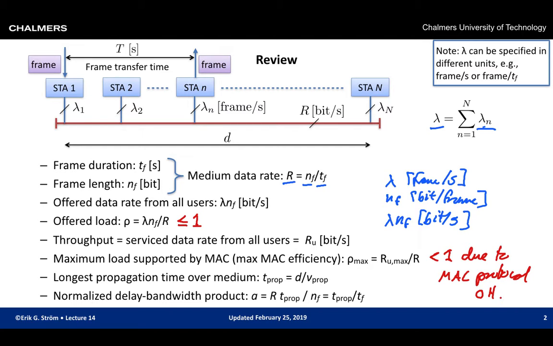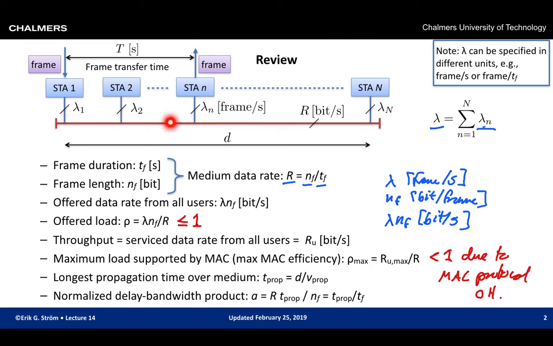Okay, and what is determining this rho max here is properties of the medium, and in particular one property which is crucial here, and that is the propagation delay over the medium. The propagation delay is basically the length of the medium divided by the propagation speed. So it's the propagation delay from the furthest away stations, from station 1 to station n here.